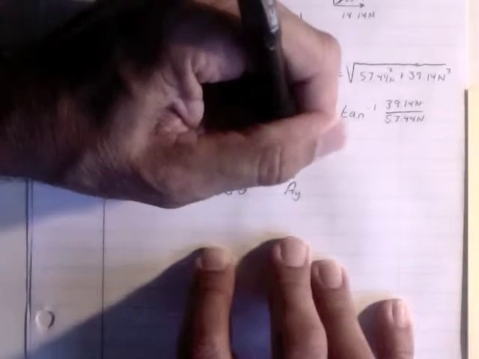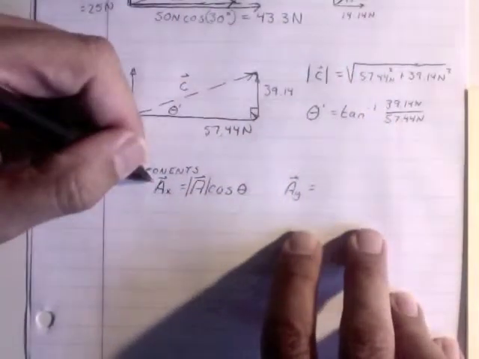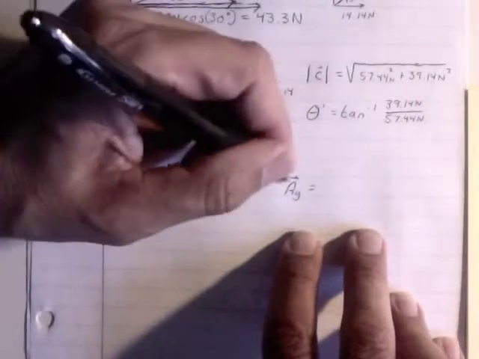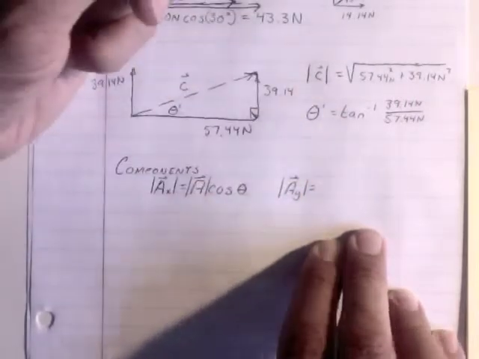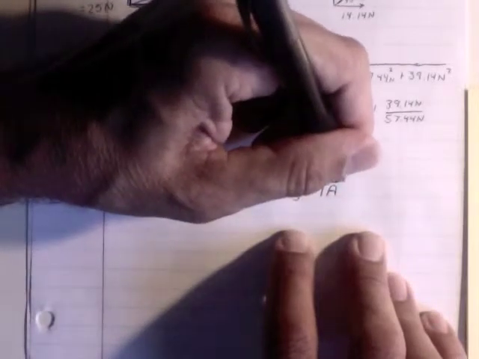A sub y, the size of the y component, is going to be the size of the vector times the sine of the angle.